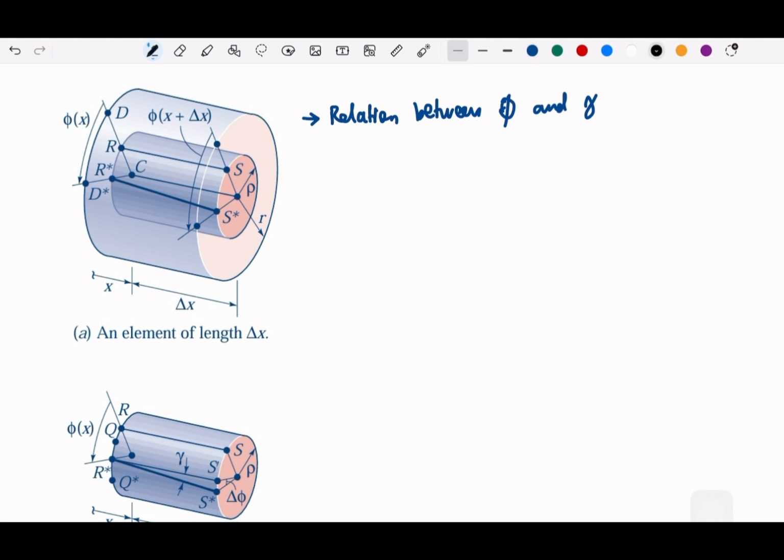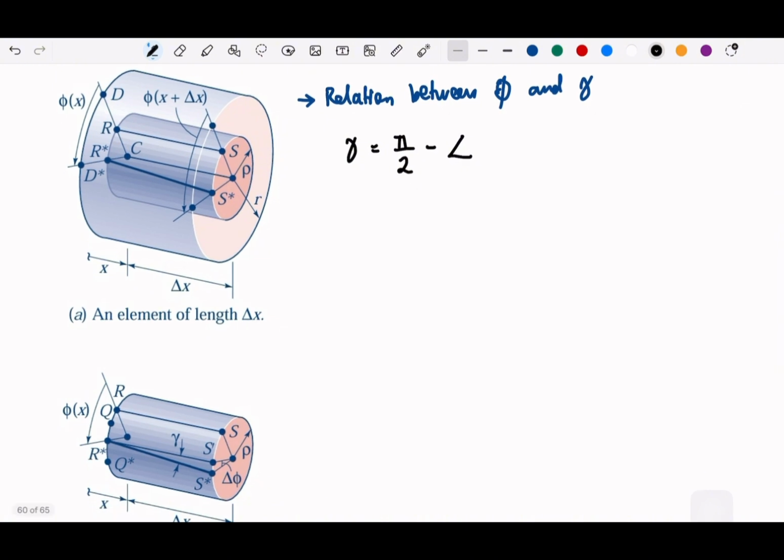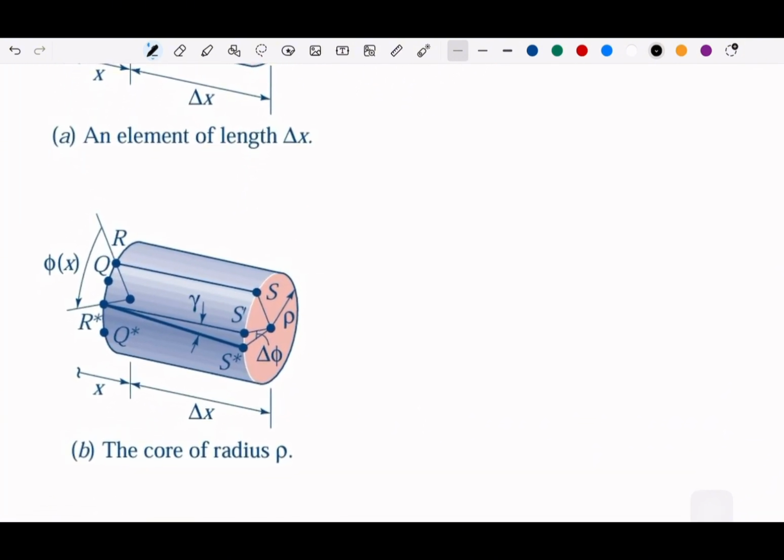So the shear strain in terms of x and the radius will be pi over 2 minus the angle between, if we look at here, Q asterisk, R asterisk, and the S.